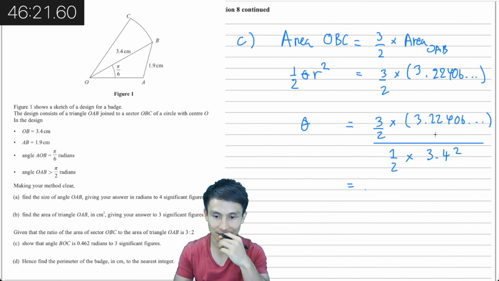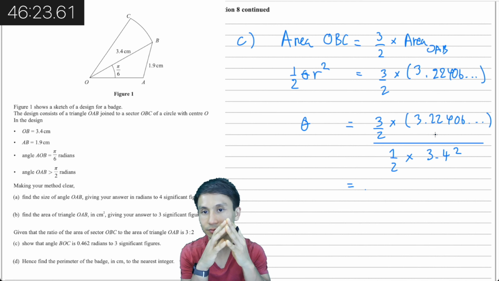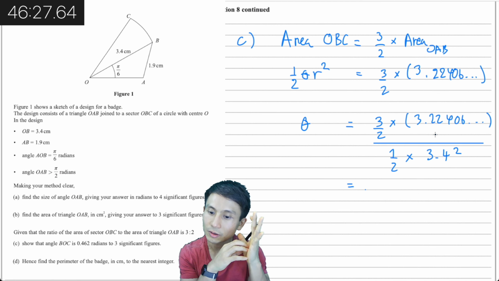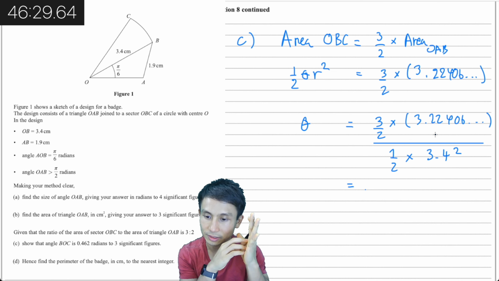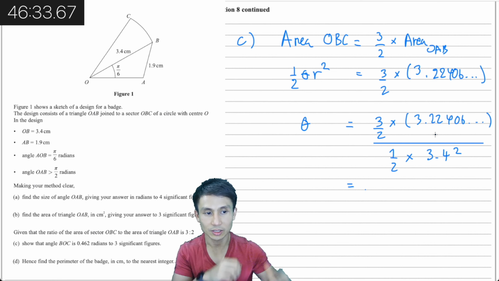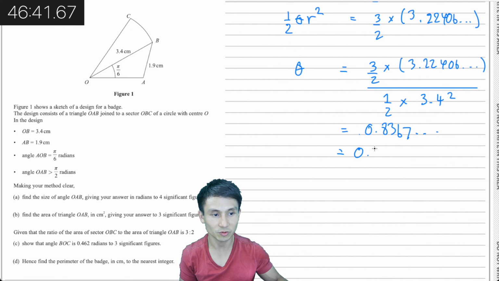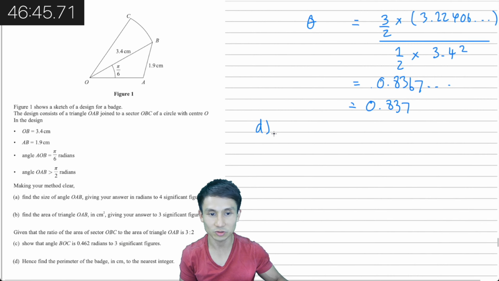I got that again. Okay, I don't know why, guys. Yeah. Okay, this is not good. I'm just gonna write this answer right now, the thing I actually got. 0.837. And then I'm gonna just go to do D.